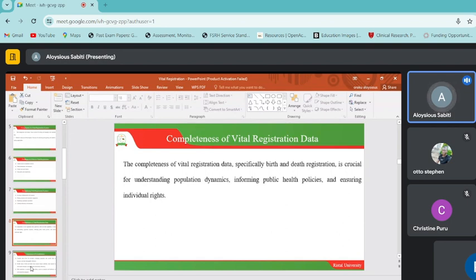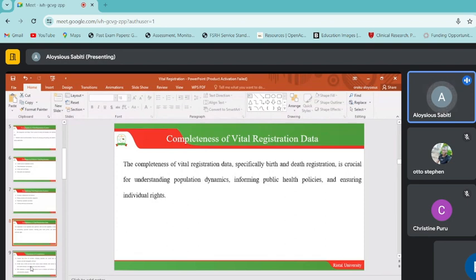And we're saying that if you're able to complete all the indicators in that particular template, then it is what we are referring to as completeness of registration data. And therefore, we shall be able to have a deeper understanding of our population dynamics.